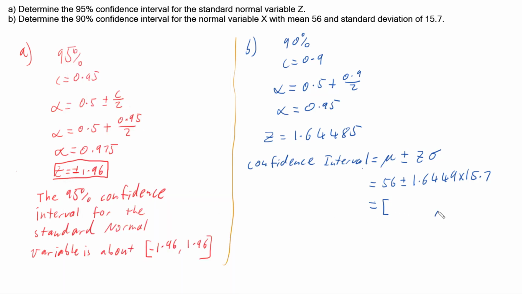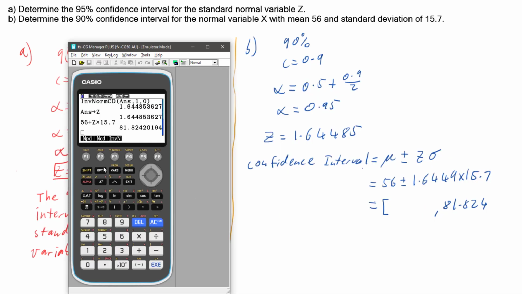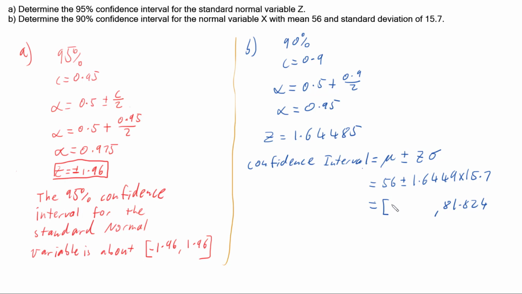So that's our upper limit. We can get our lower limit by doing 56 minus our Z times 15.7, which gives us 30.176. And so that's our confidence interval. It's approximate, and I've only gone to 3 decimal places, but that's going to be good enough.